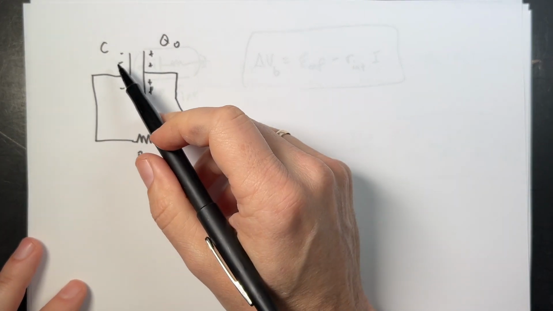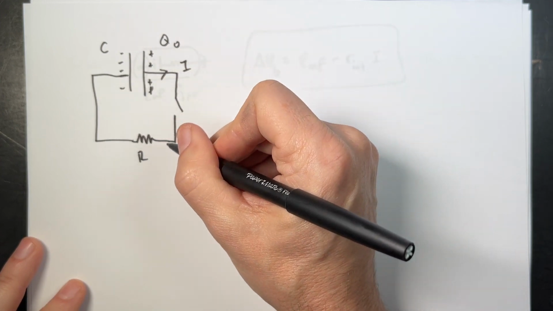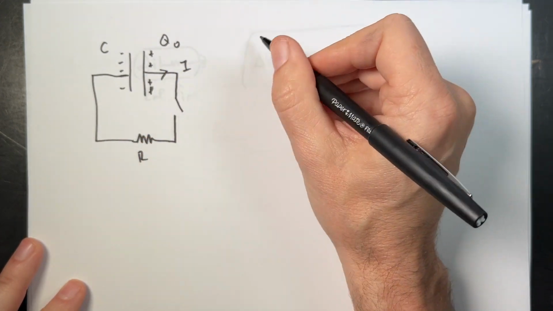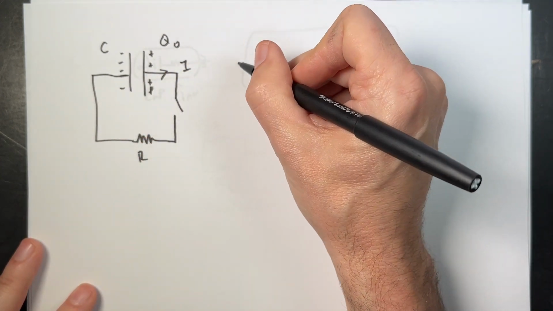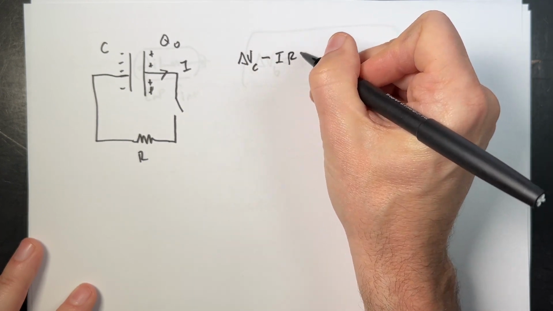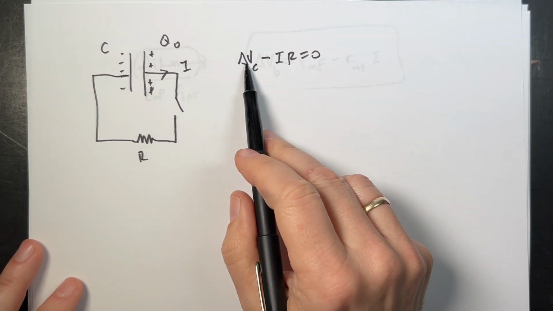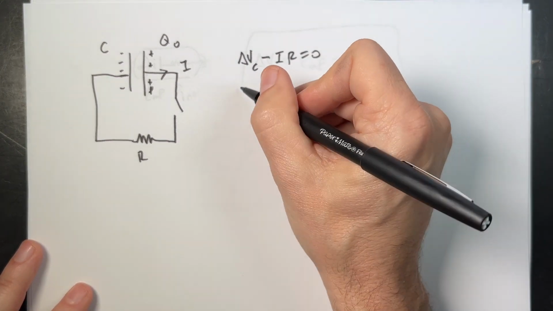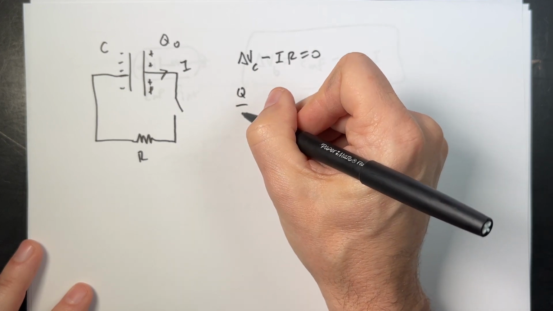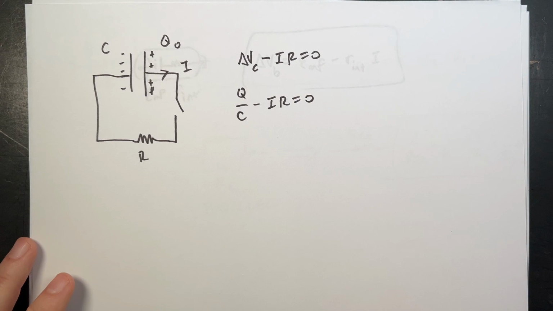I can use the loop rule here. So the loop rule says that there's going to be a current I coming out of here and going through there. So the loop rule says delta V capacitor minus IR equals 0. But the change in potential across the capacitor is going to be equal to Q over C minus IR equals 0.